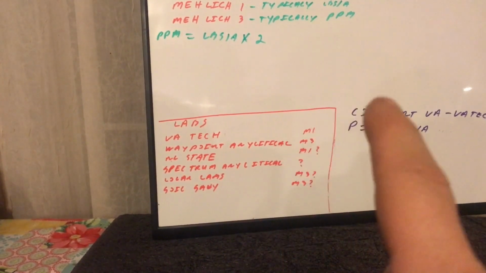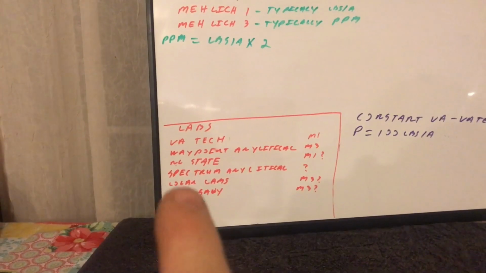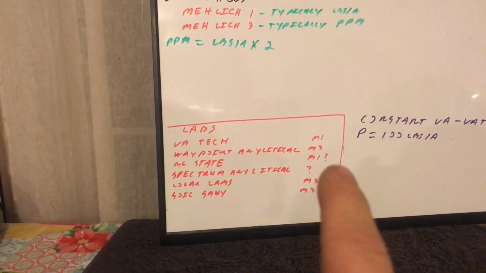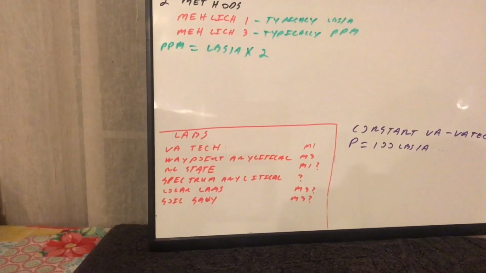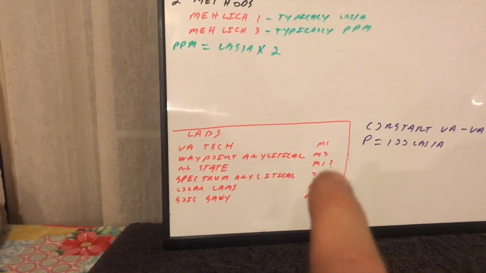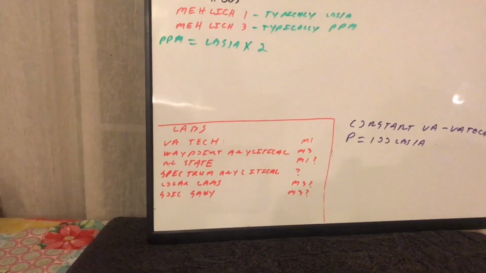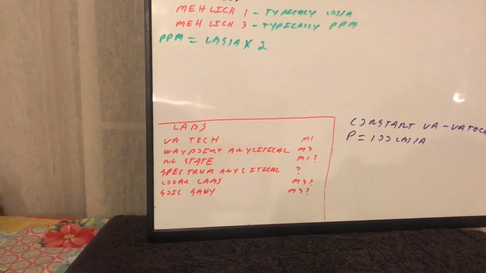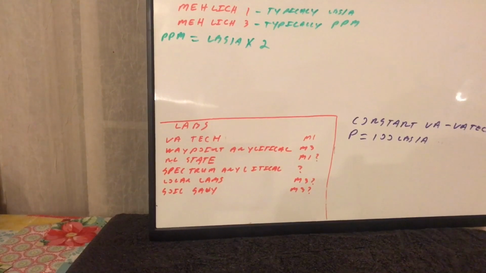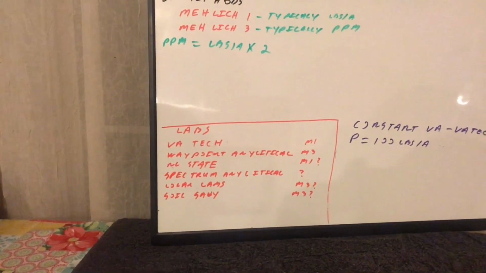Waypoint Analytical, I am pretty sure they use Mehlich 3. NC State, I'm pretty sure they use 1. Spectrum Analytical, I could not find out for the video tonight. I'm going to find out and try and cite it for you in the description in this video. Logan Labs, if I remember correctly, was 3, and I think Soil Savvy is also 3.